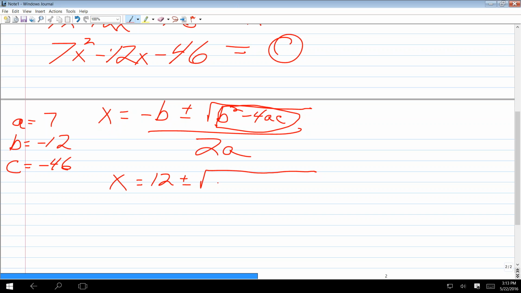Let's see. So it's b squared, that's 144, right? And then the way I suggest you do this every time is this way. No matter how simple A and C are, go ahead and write them in there. The reason is that frequently C is negative.